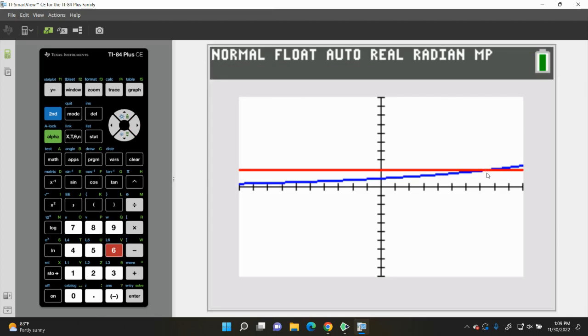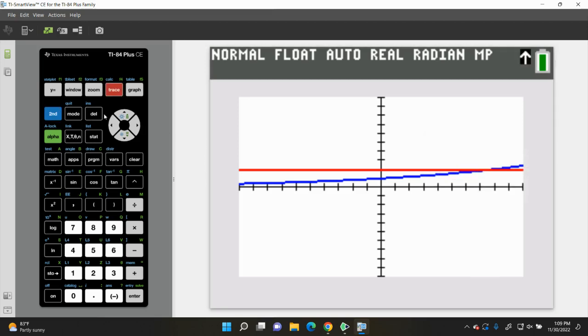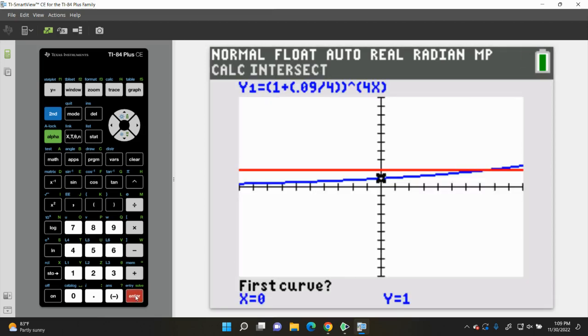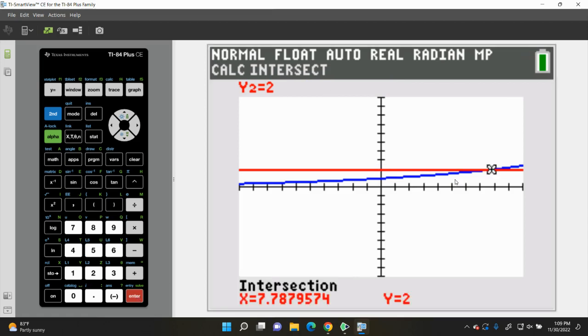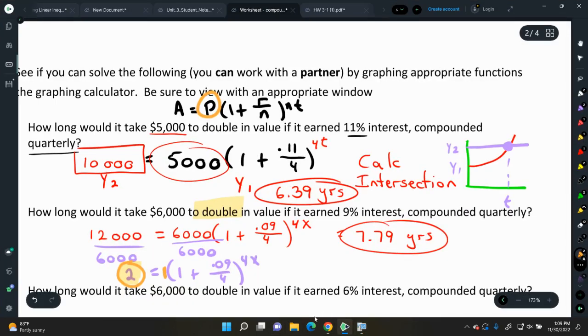Here I can just use a standard window and I can see my point of intersection. If I do a calculate intersect, I get the same value. So the advantage of doing it this way is that I don't have to fuss with the window.